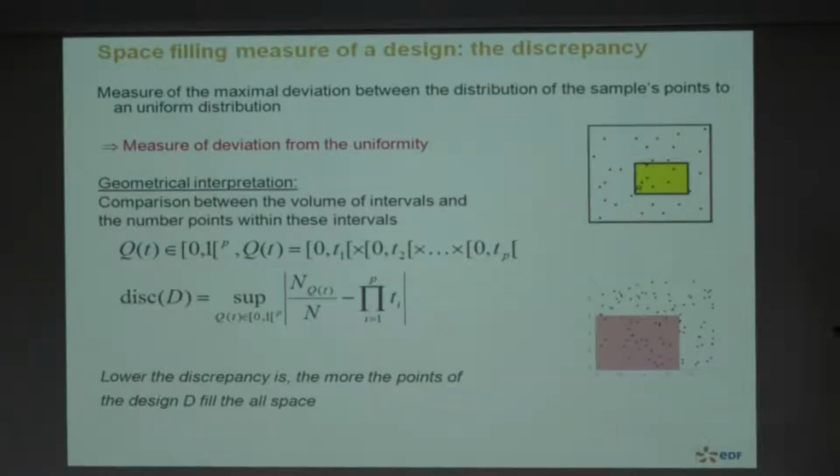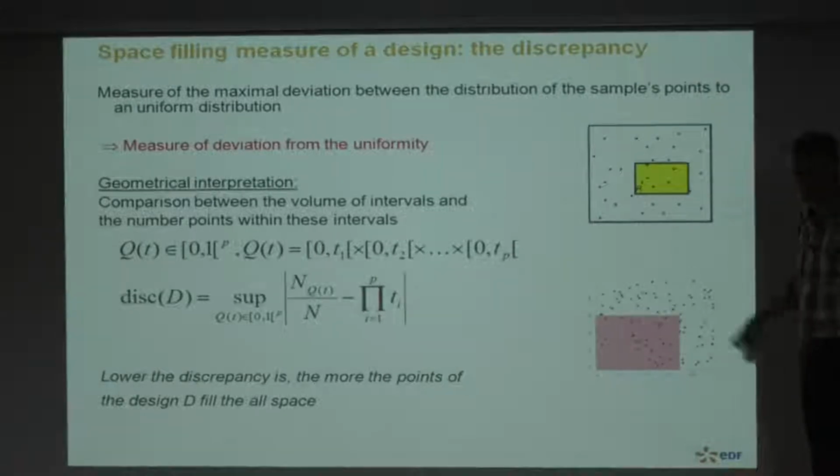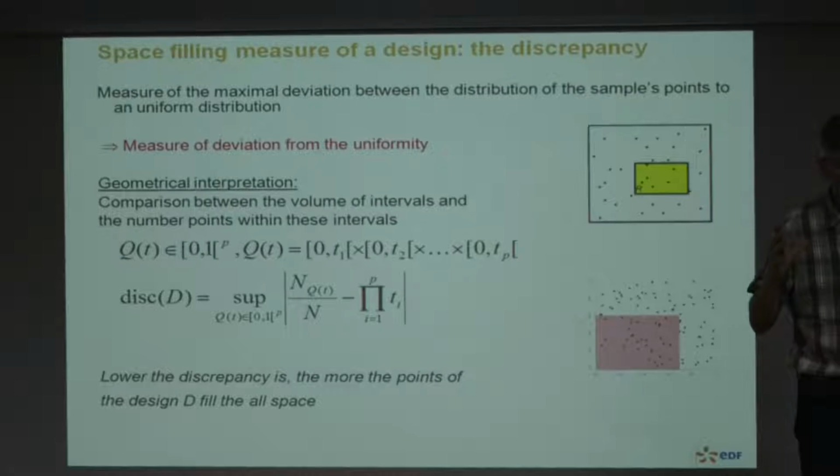Now I pass to what I call uniformity criteria, which is called the discrepancy. What we want to do is to measure the deviations between the distribution of the points of my design and a uniform distribution.